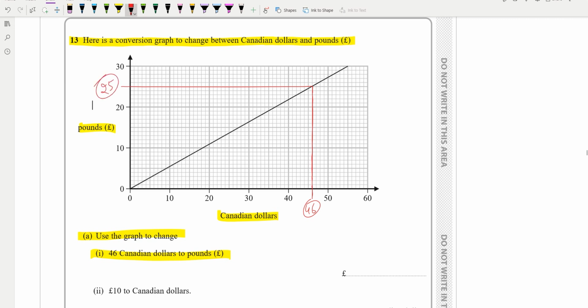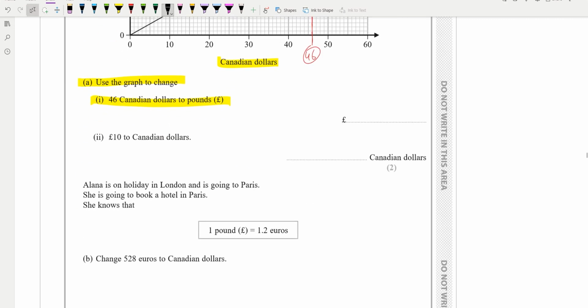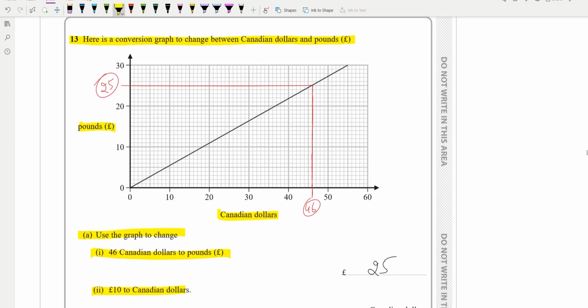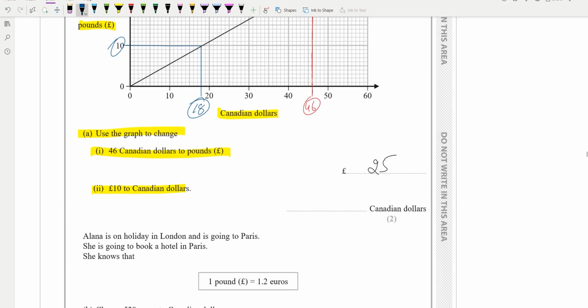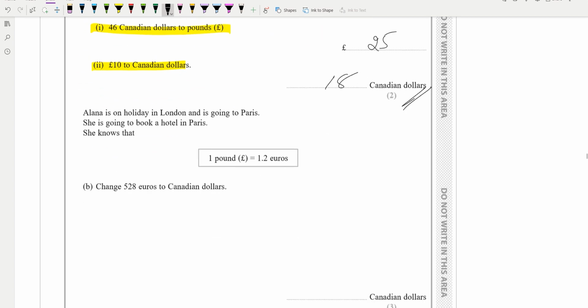So our answer will be 25 pounds over here. And next, B part, the second part is 10 pounds to Canadian dollars. So for 10 pounds to Canadian dollars, we can also check the reference, and this is 18. So we can write here, this side will be 18 Canadian dollars, and these are 2 mark parts.